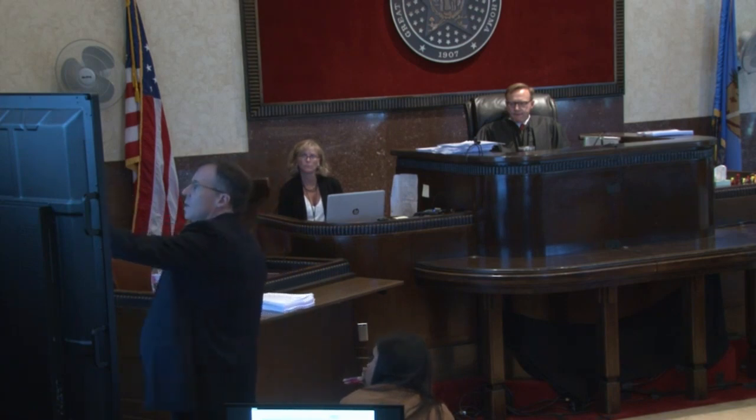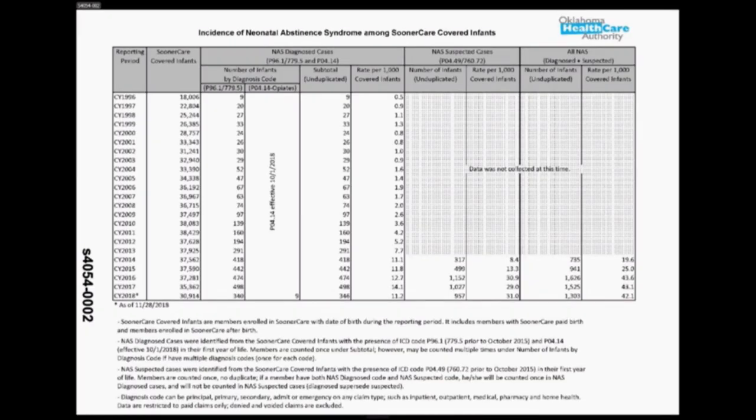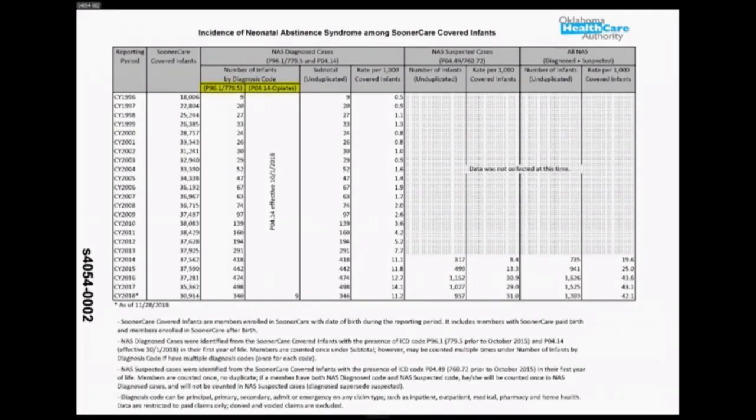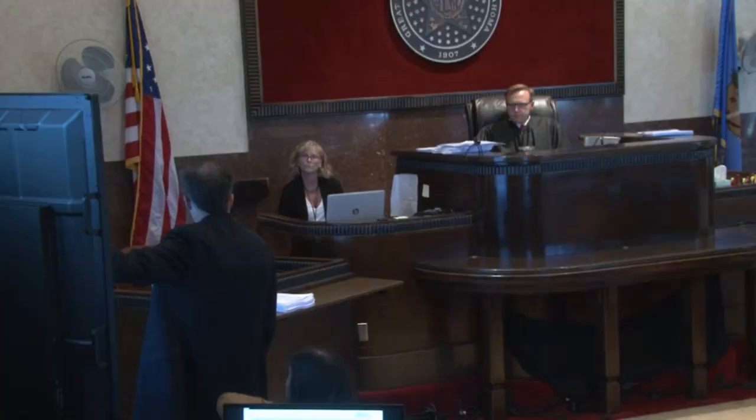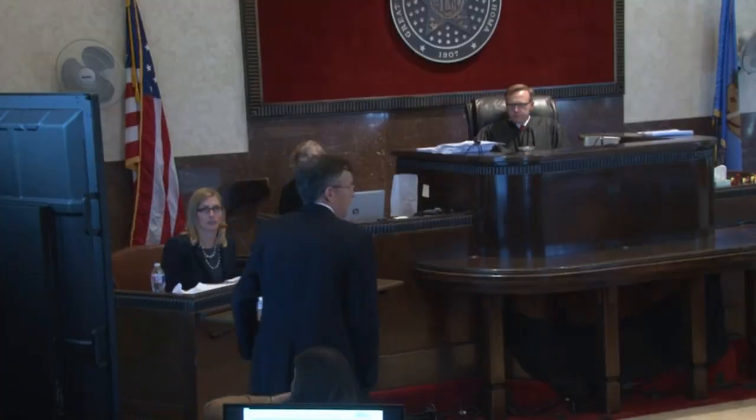And you see here, number of infants by diagnosis code, correct? I see that. And here we see the diagnosis codes that these numbers, which run from 9 in 1996. I believe you referenced the 9 in your testimony this morning. I don't believe I did. I believe Ms. Hawkins referenced it yesterday. That's a figure you're familiar with, correct?